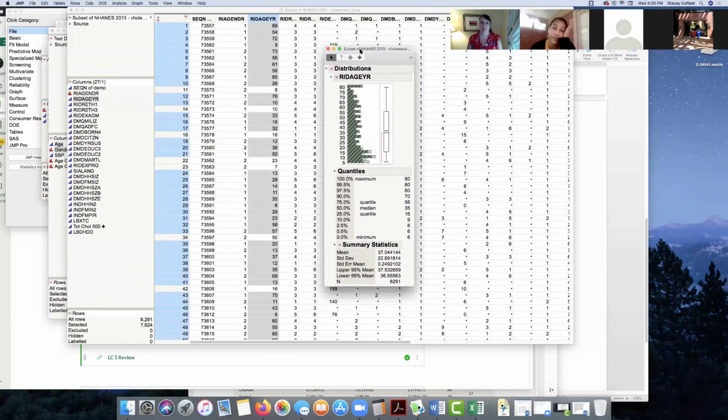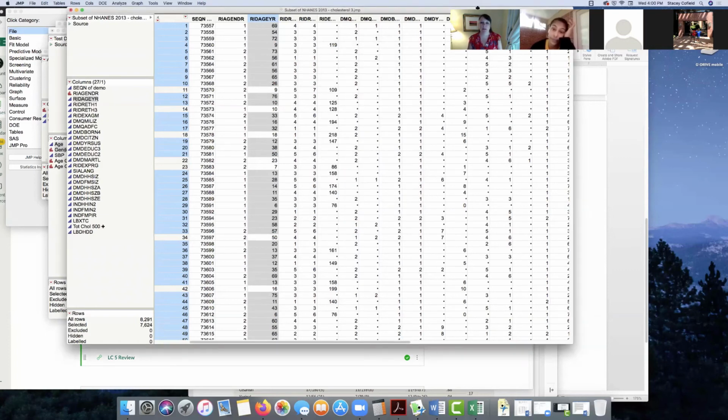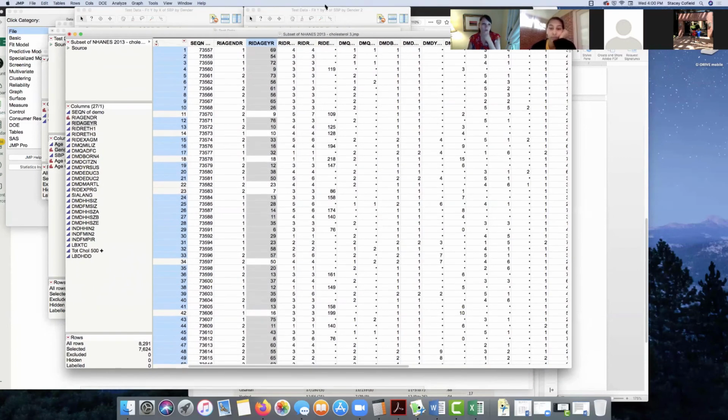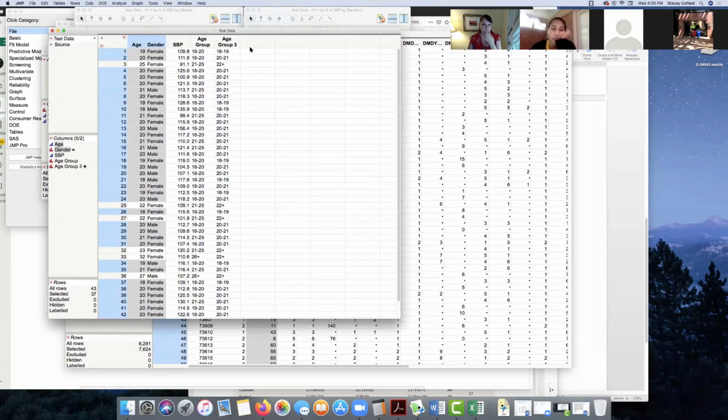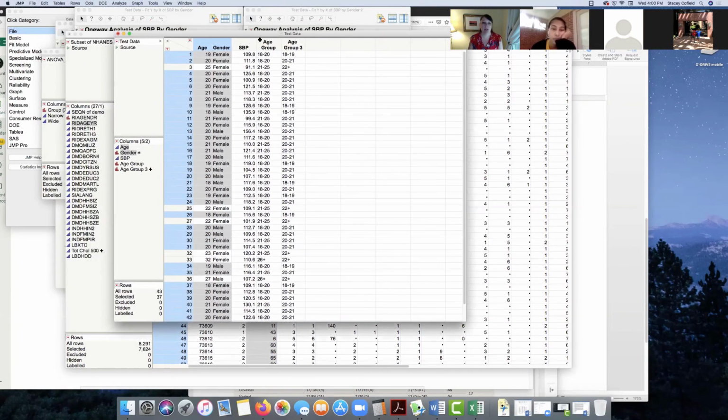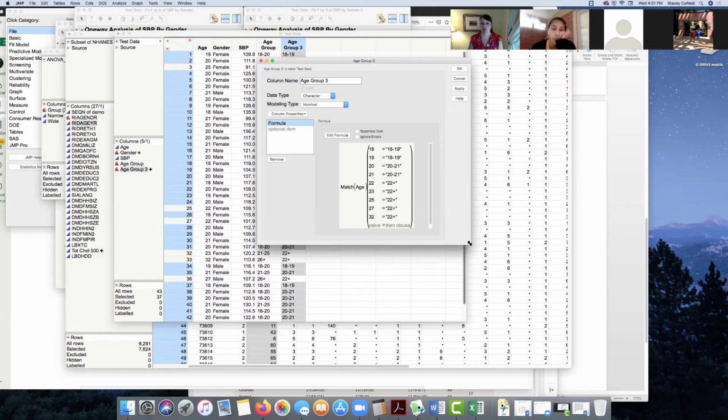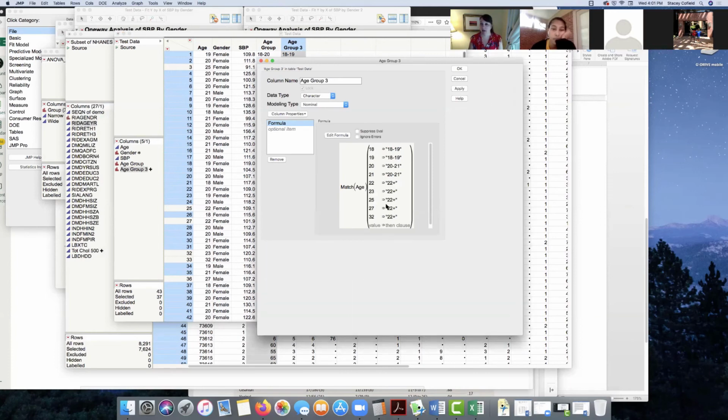Okay. And when you get to be a little bit more sophisticated, I use formulas to do most of my recoding rather than using the recode option. So if you look in the test data here that I had, I could easily recode this, but I actually just did a formula instead.